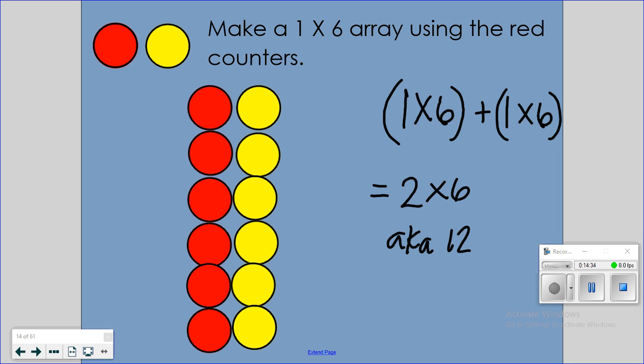All I'm doing is doubling my one group. So if I have one group of 4 and I double it, that's just going to make 2 groups of 4. If I have one group of 7 and I double it, I can't make 2 groups of 7 fingers, but I would have 2 groups of 7 pushed together, Shelby.